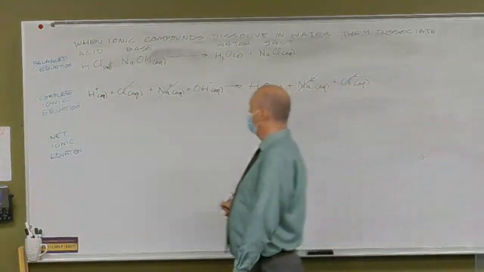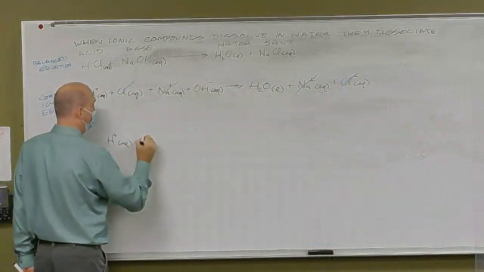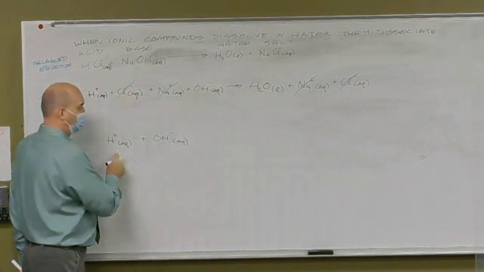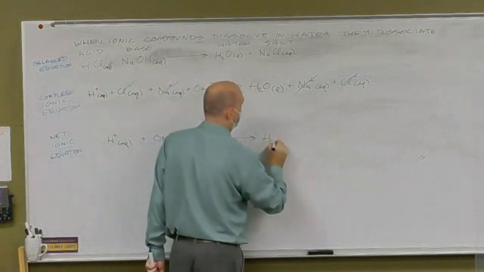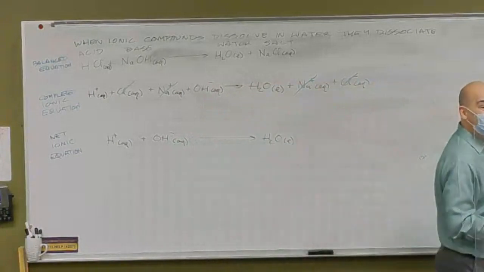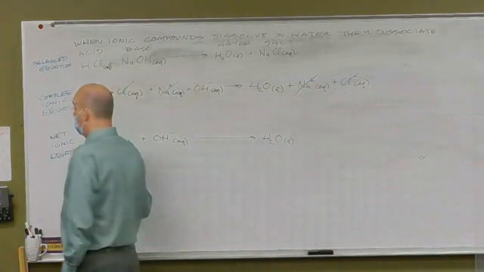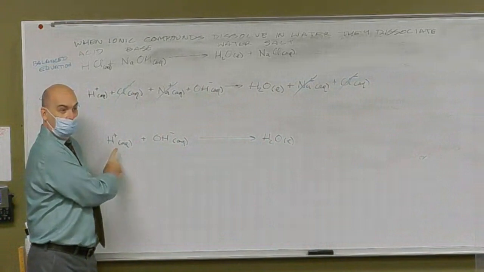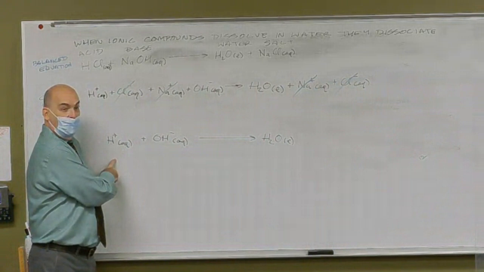And the net ionic equation for hydrochloric acid and sodium hydroxide turns out to be that hydronium plus hydroxide makes water. And it didn't matter whether this came from HCl or HBr or HNO3 or H2SO4 or H2SO3 or H3PO4.